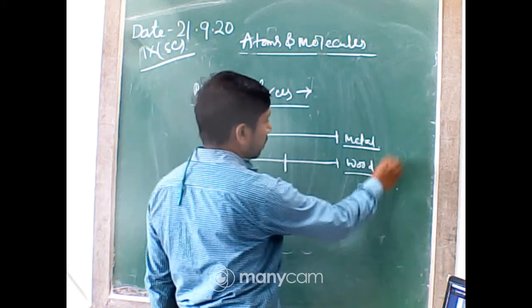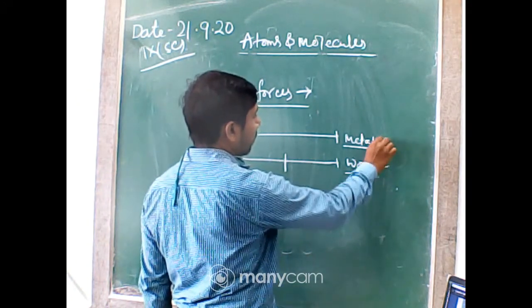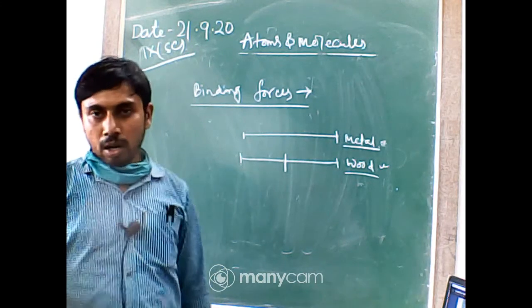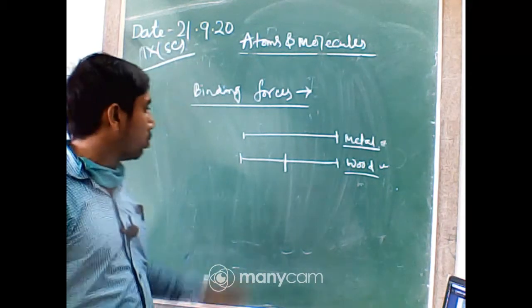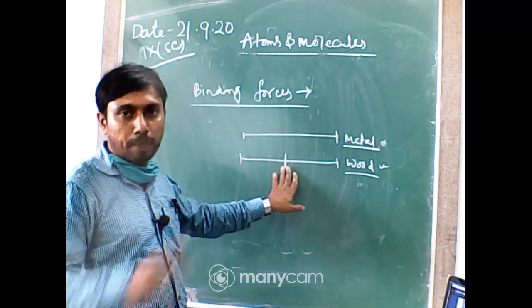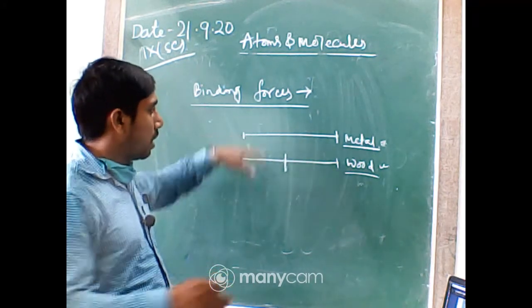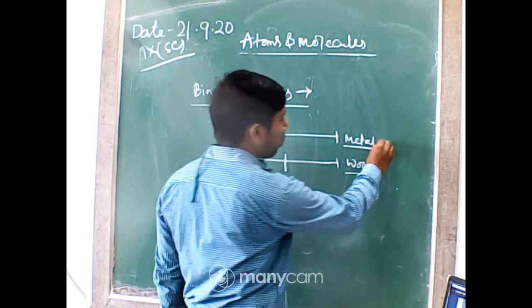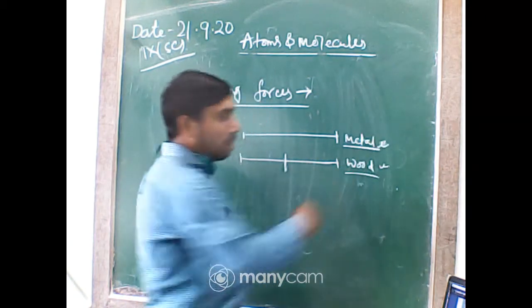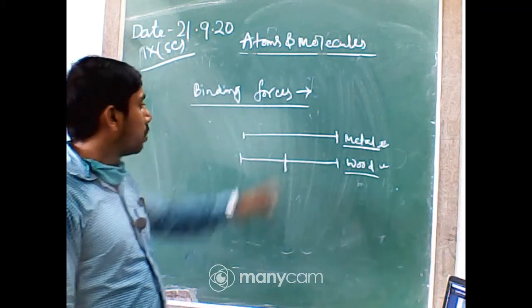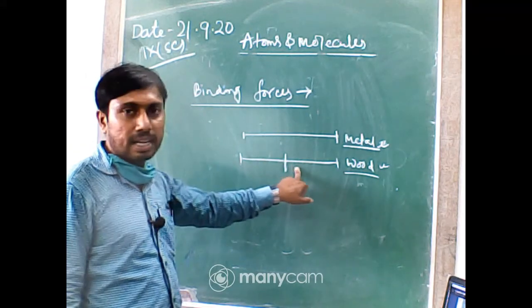Obviously wood, because metal has high tensile strength. Our objective is to bisect the wooden stick and the metal wire. Due to the greater tensile strength, high force is required to break the metal into two pieces, but it is less for the wood.